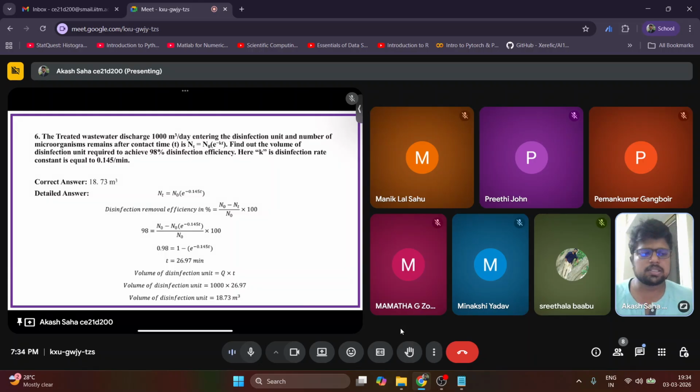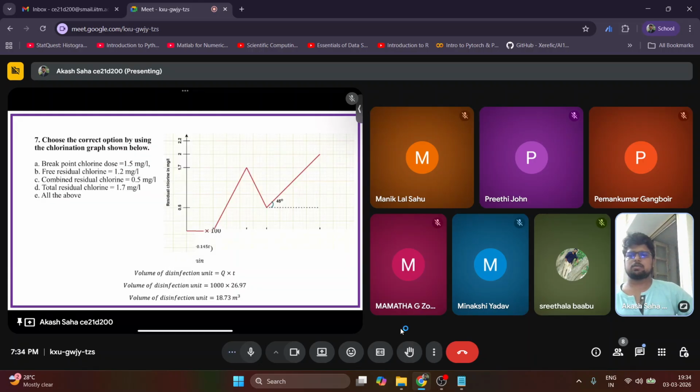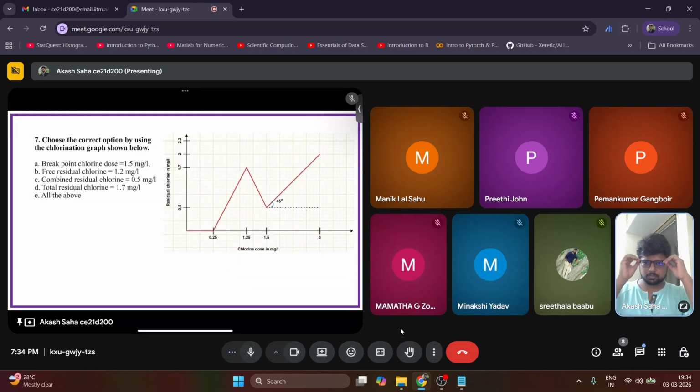Okay, so this is the answer. Next, here we have a graph between the chlorine dose in milligram per liter versus the residual chlorine in milligram per liter. You have to tell which of the options are correct. This is basically a breakpoint chlorination curve.